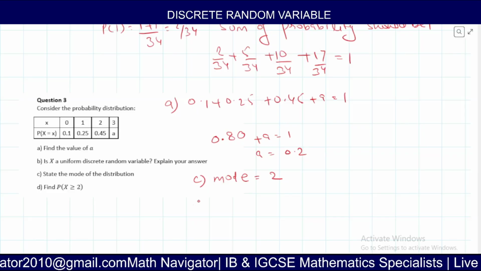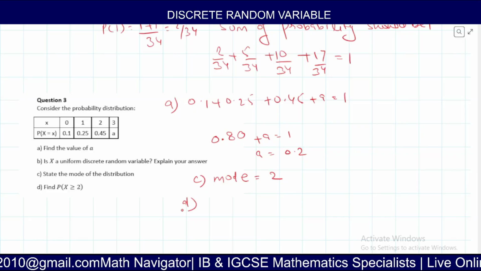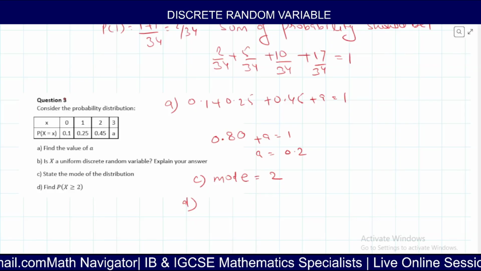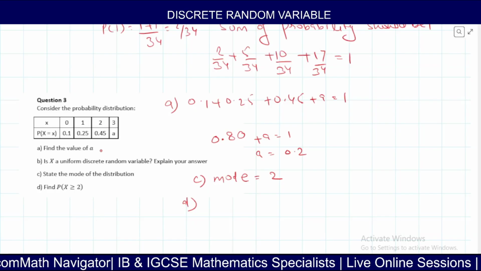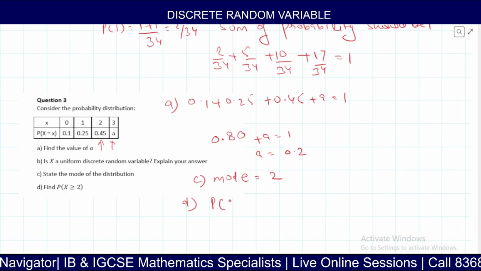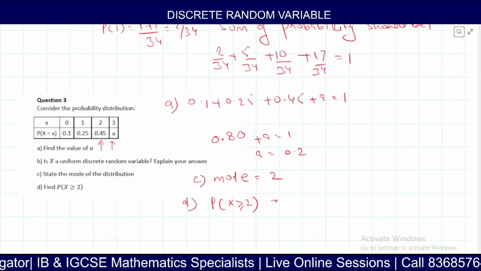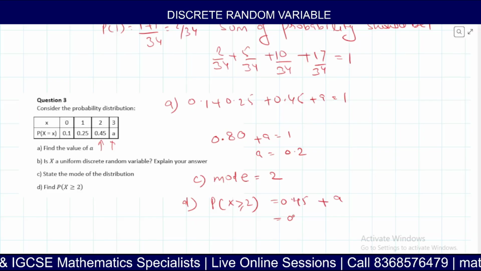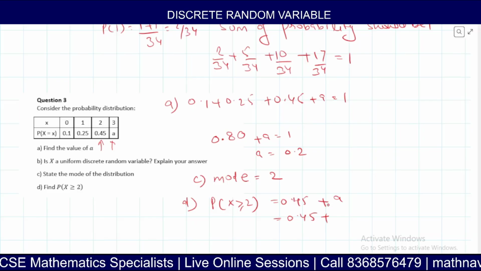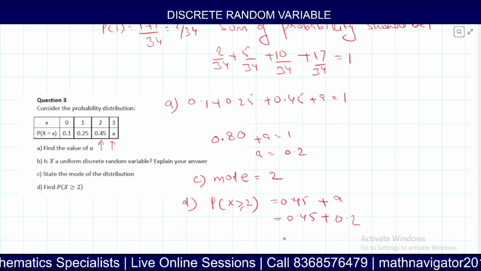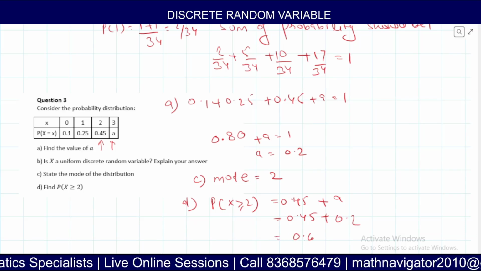Perfect. Then let's talk about the D question. D part, find probability of x greater than equal to 2. So basically greater than equal to, so 2 and 3. So probability of x greater than equal to 2 is equal to 0.45 plus a, which is 0.45 plus 0.2, which is 0.65.